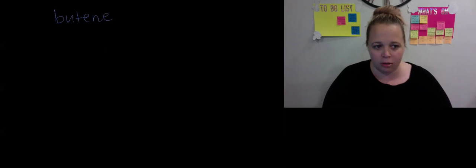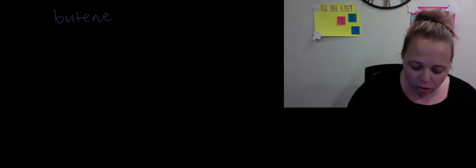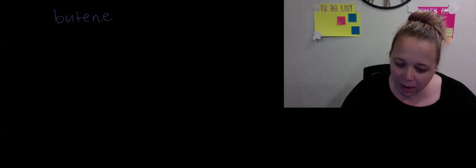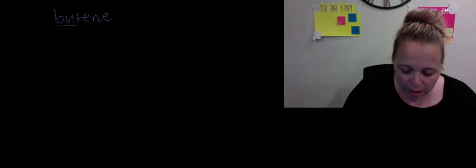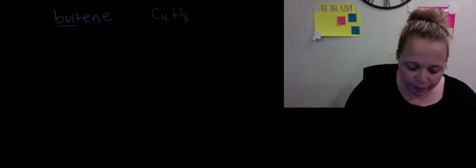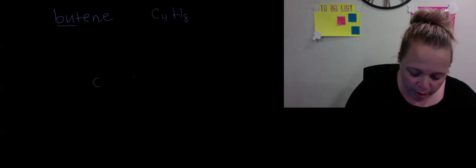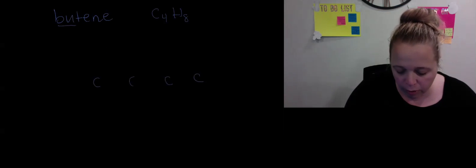Let's look this time at butene, and I'm not going to talk to you about what I'm actually going to draw because there's a little bit of a trick to our naming here. So bute means 4 and ene means we follow our formula. So we go C4H8. Okay, so I'm going to draw my carbons out first. 1, 2, 3, 4.